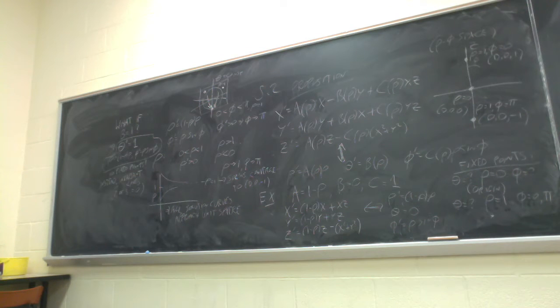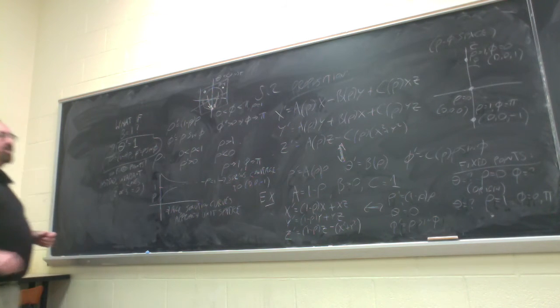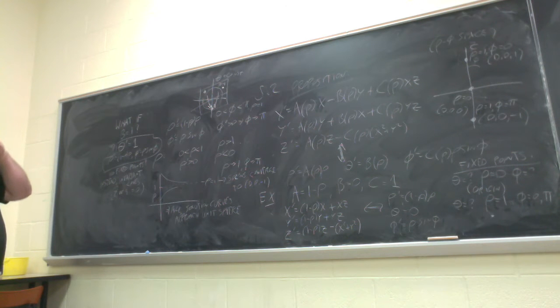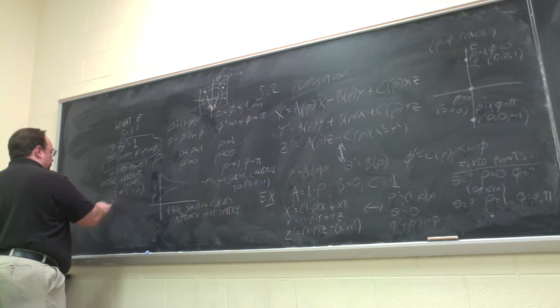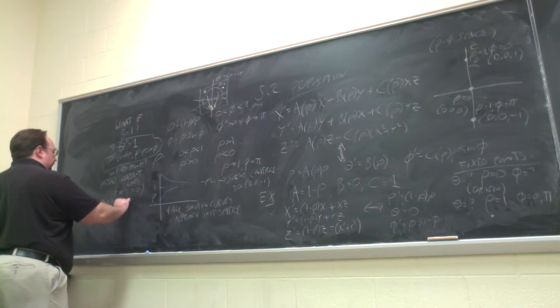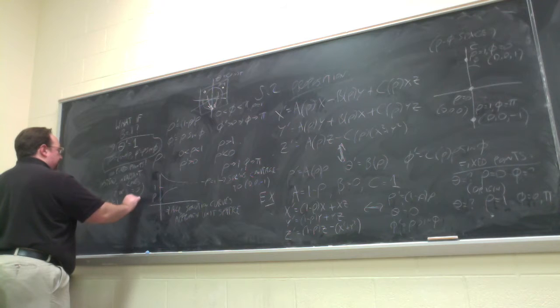Rho equals 0. And? Rho equals 1. And? Phi is 0 and pi. Yeah, in other words, the points that were fixed points before are now invariant lines. Okay. But the thing is, rho equals 0 is one fixed point, here was rho equals 1, and phi equals 0 or pi.